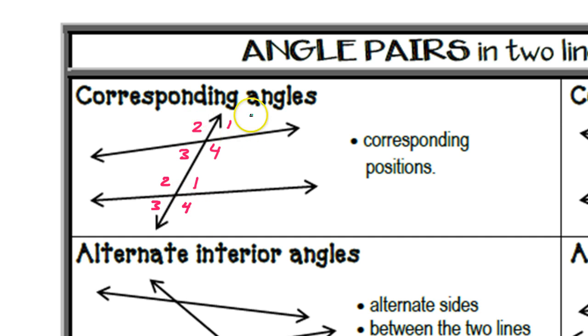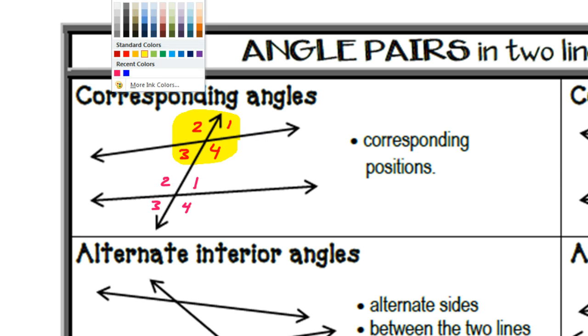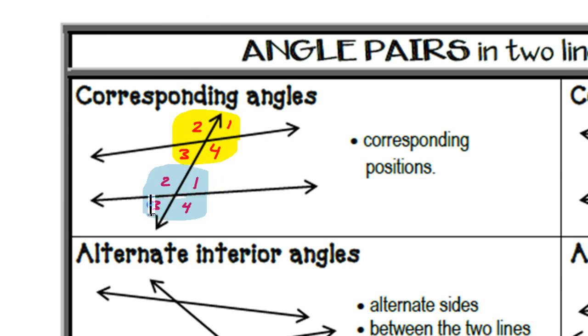So first of all, corresponding angles are the angles that are in the same position on their intersection. If you look at these angles up here, you see how angle 1 is in the upper right hand corner? And now if you look at this intersection down here, do you see how the angle 1 down here is in the upper right hand corner?